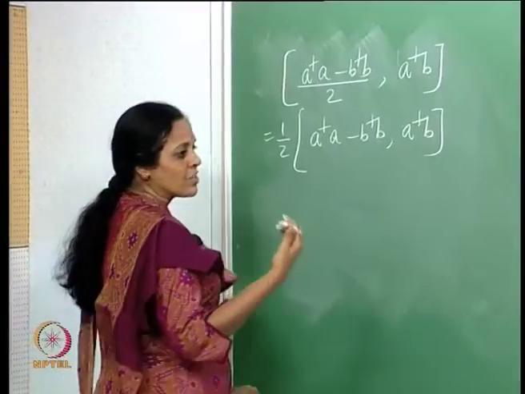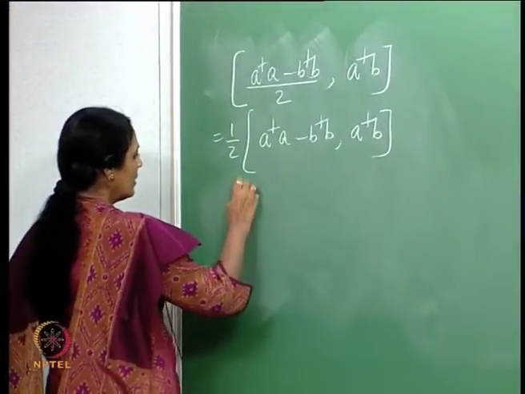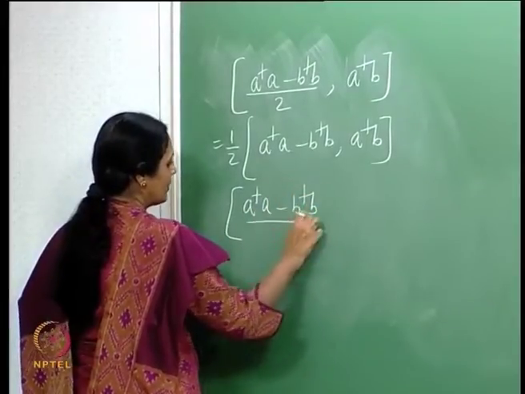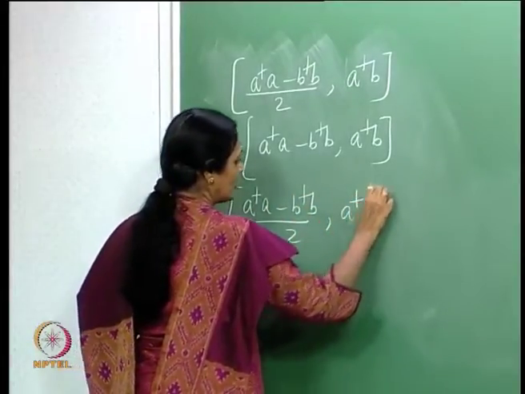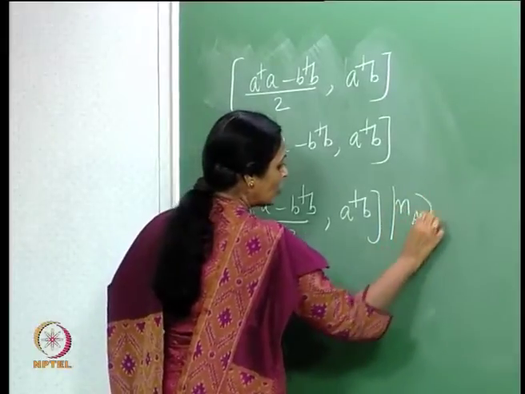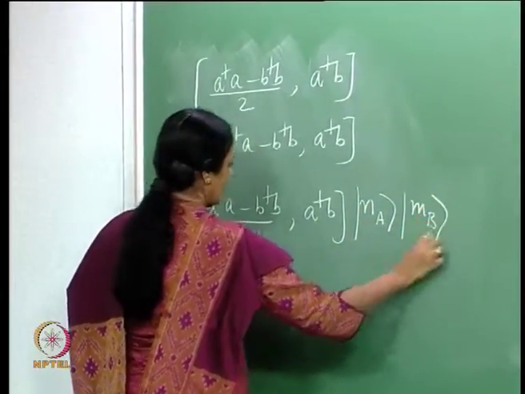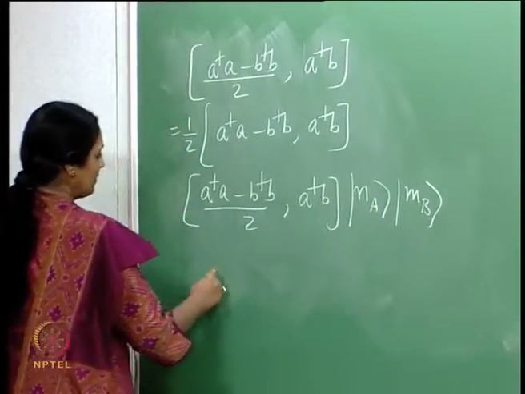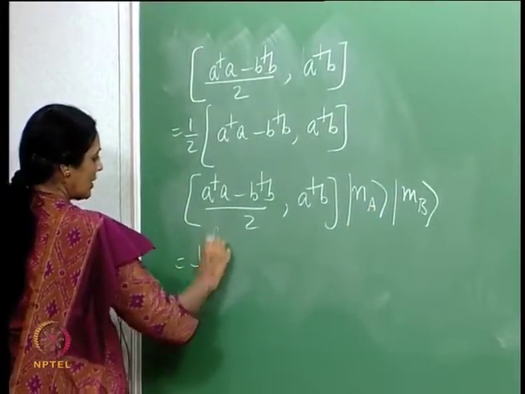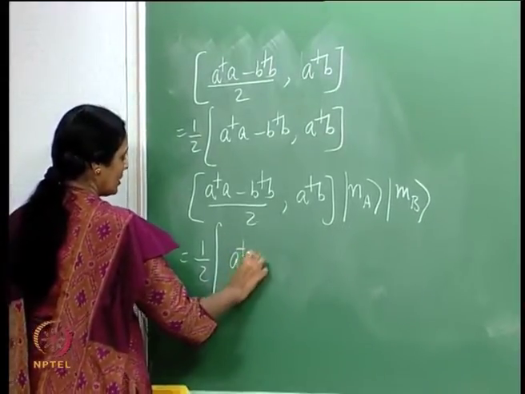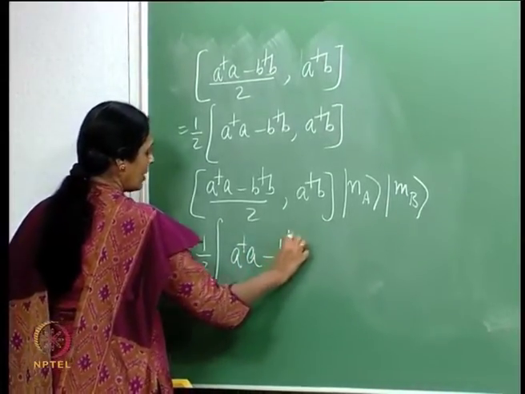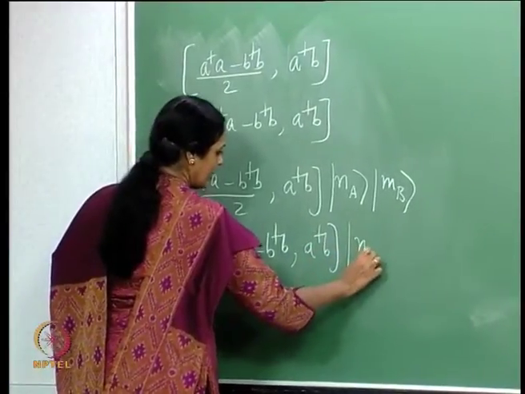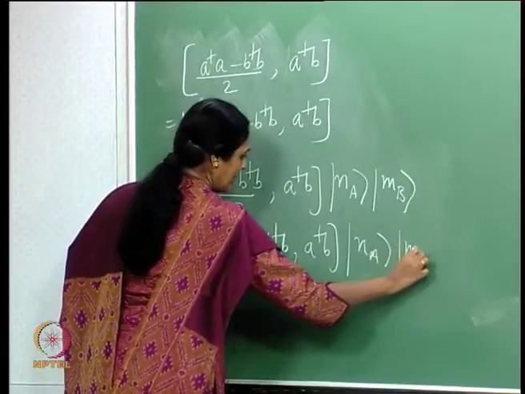In order to make things very clear, I will do it explicitly by attempting to find out its effect on the states. In other words, I would like to repeat the procedure and find out the action of this commutator on the state Na Mb. So, that is half A dagger A minus B dagger B commutator with A dagger B on Na Mb.